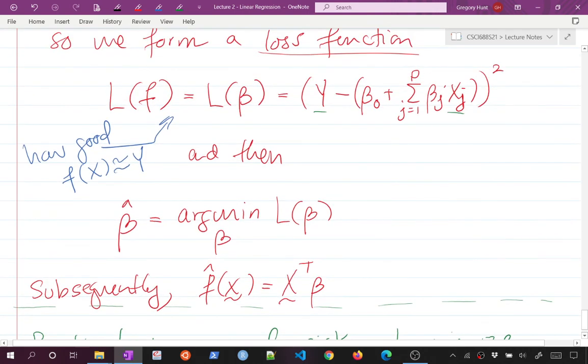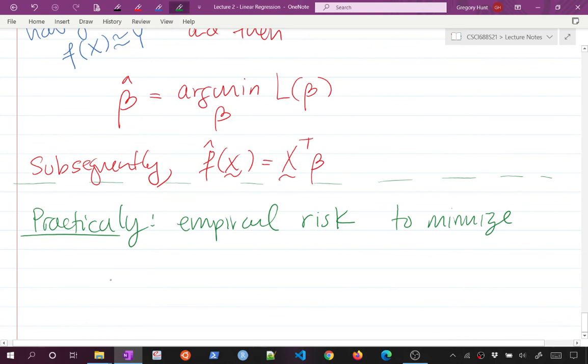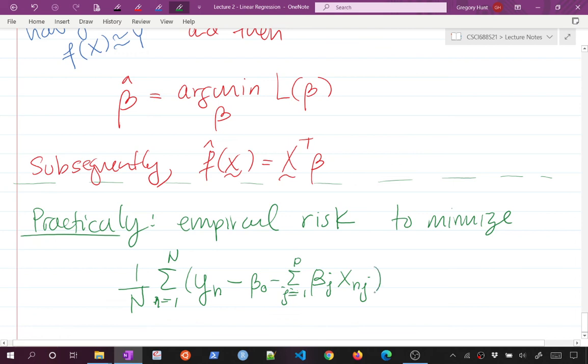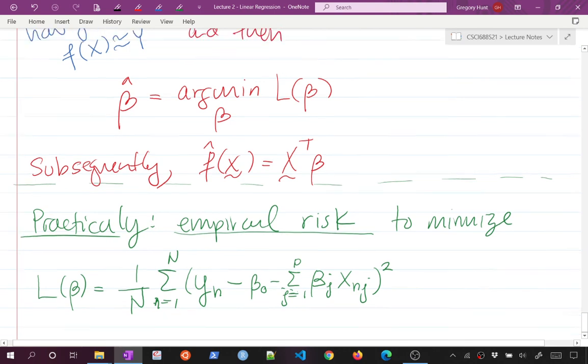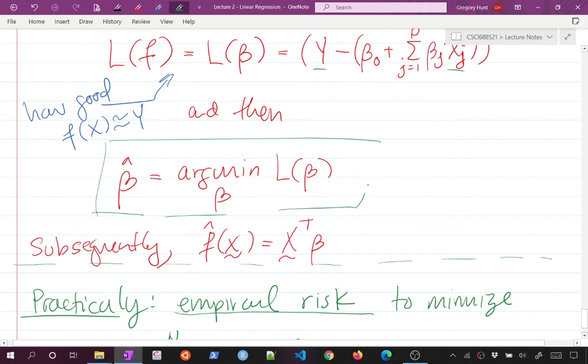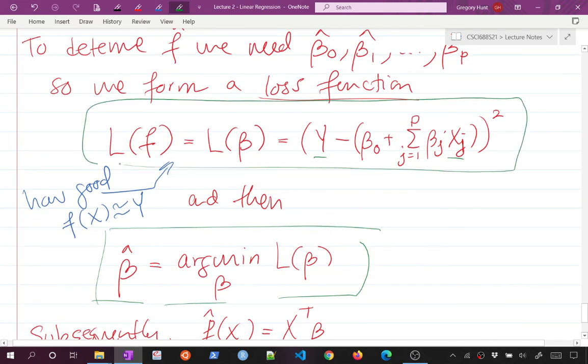If our loss is a squared error loss, then the empirical risk, which we said is kind of the average, practically what we're going to do is look at y n minus beta naught minus the sum of beta j times x n j, and square that. So this is our empirical risk, right? If we use a squared error, this is the empirical risk that we're actually going to minimize using this approach. This is kind of the general form of it for, say, a single observation.